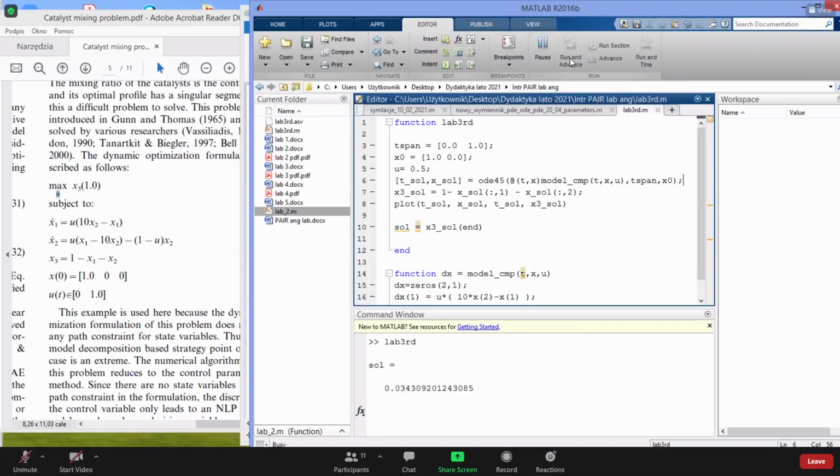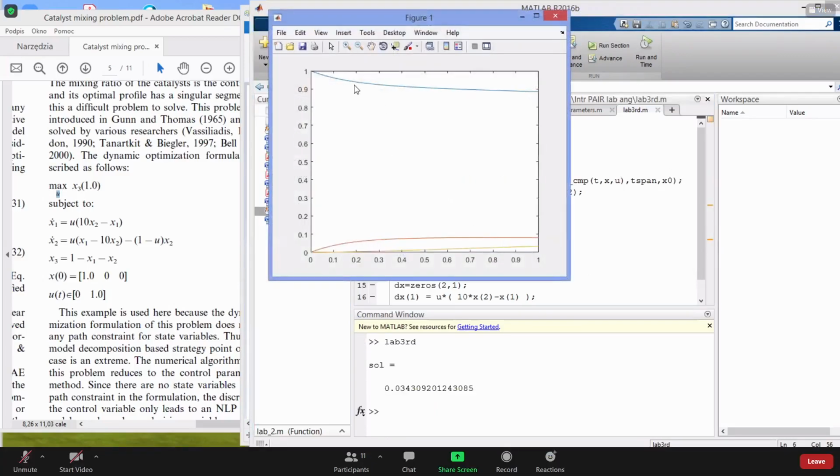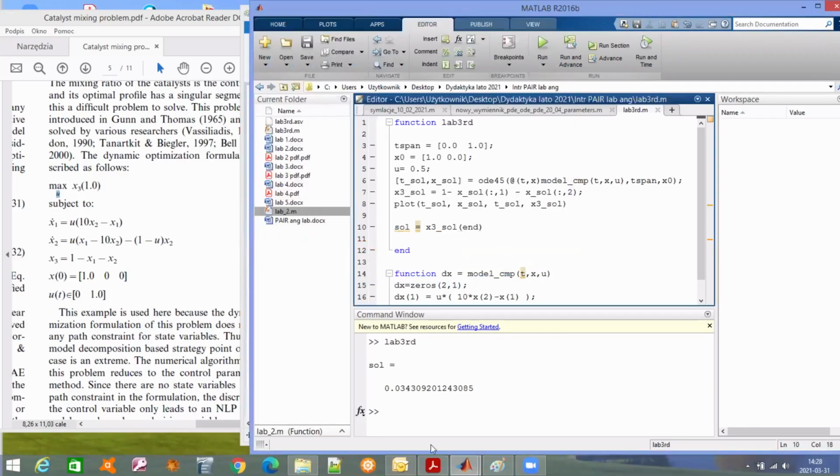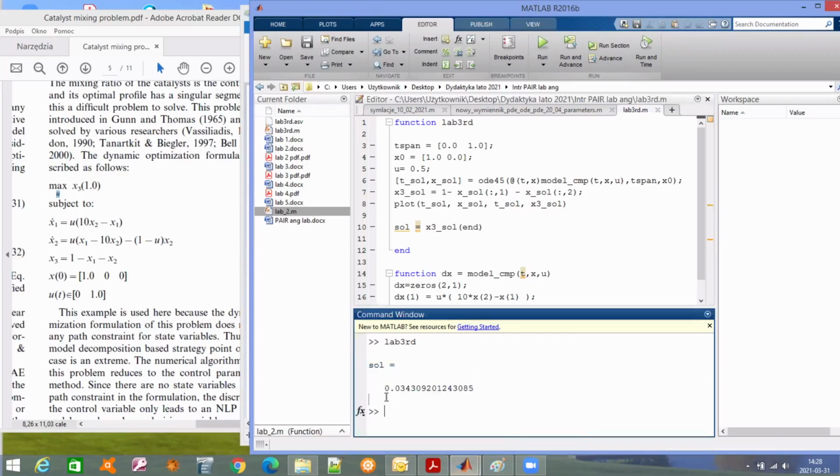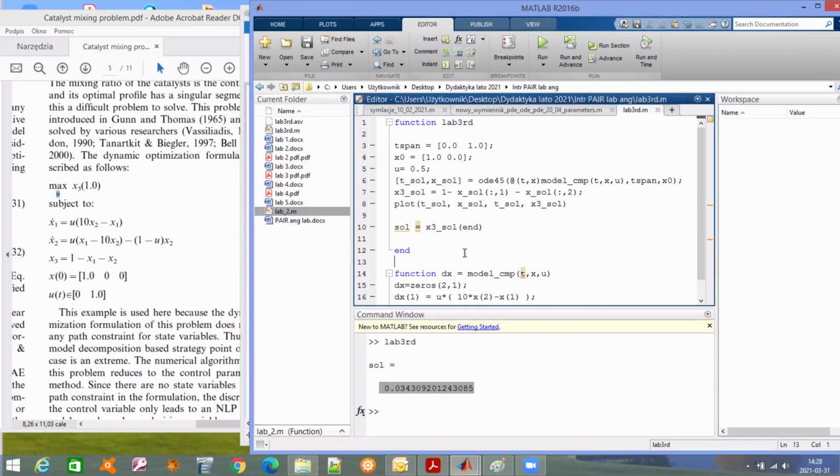So we have the first trajectory x1, x2, x3, and here we have a value for this u of x3 at the end.